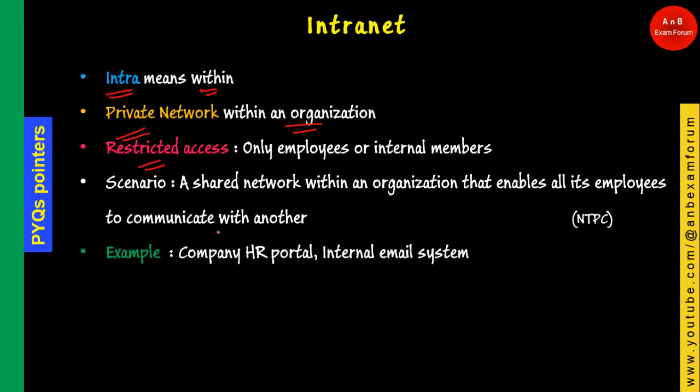An example can be a company HR portal or internal email system. For example, my office has an internal email system through which we send information from one computer to another through the internal network. So our network is an intranet.